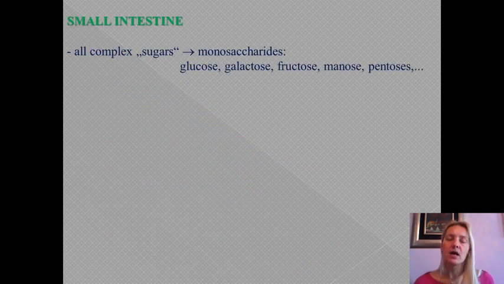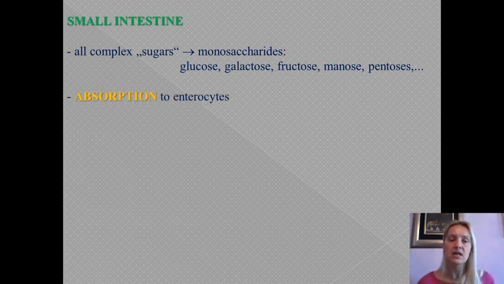So anyway, by the end of the upper ileum and small intestine, all complex sugars are converted to their building bricks, to simple monosaccharides: glucose, galactose, fructose, mannose, pentoses. So now those simple sugars can be absorbed from the intestinal lumen to enterocytes.